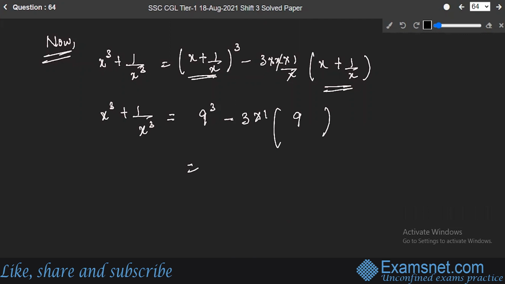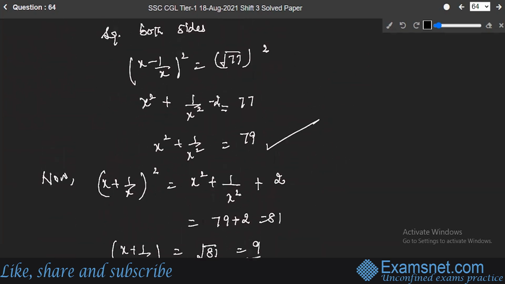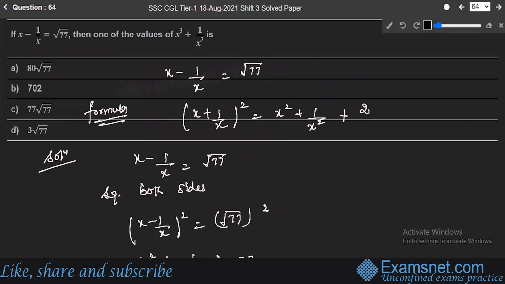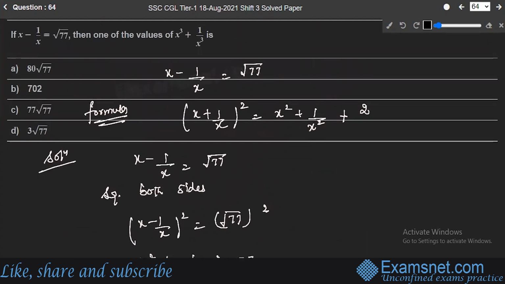So this is equal to 9 raised to power 3, 729, minus 3 nines are 27, which is equal to 702. Right. So what we had to find out, the value of this is 702. Sorry, yeah, it's option B over here. Option B is the correct answer to the question. Hope you're clear with this.